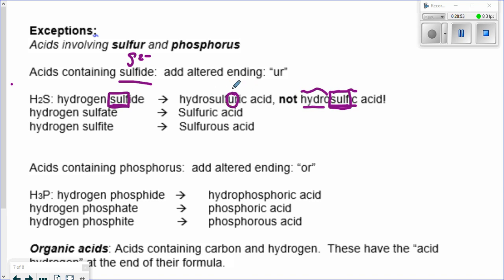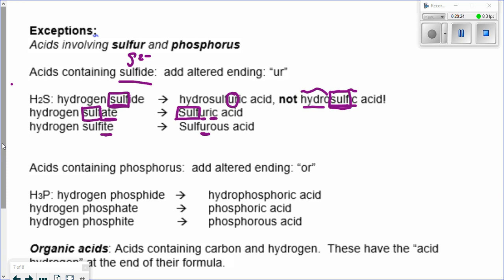So now it's hydrosulfuric acid, not hydrosulfic acid. Hydrogen sulfate, ending ATE, we know changes the ending to IC, but again that sulf part is here, and we re-add that UR of sulfur into it: sulfuric acid, and sulfurous acid for hydrogen sulfite.